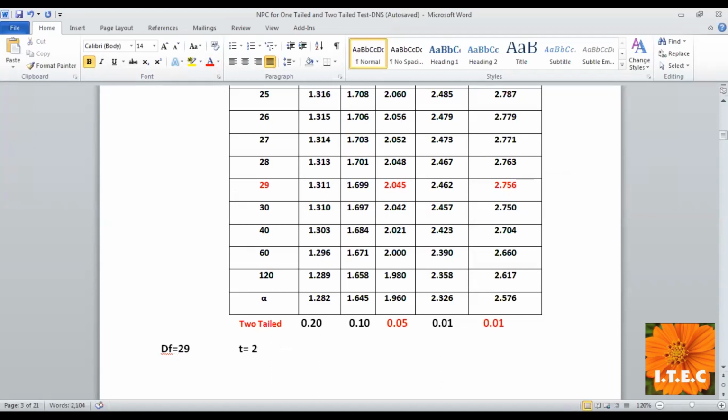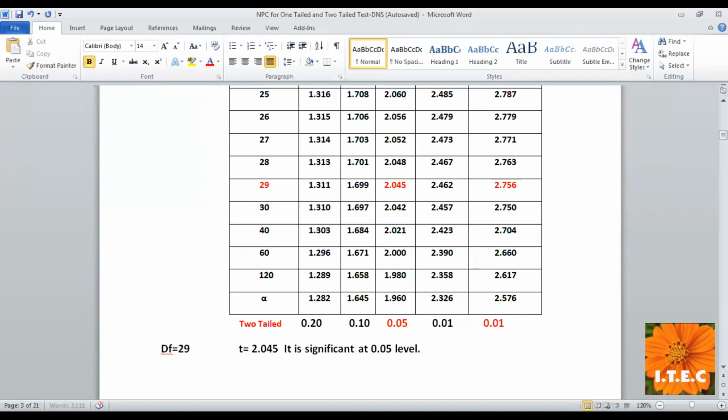Suppose here my calculated value is 2.045. Then what should I say? Is it significant or is it not significant? Okay, so that means it is significant at 0.05 level.